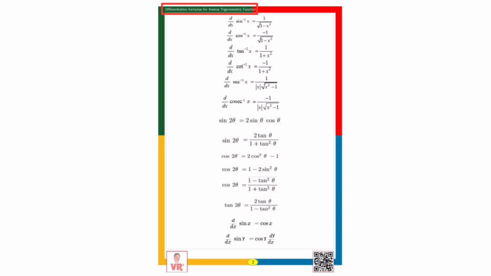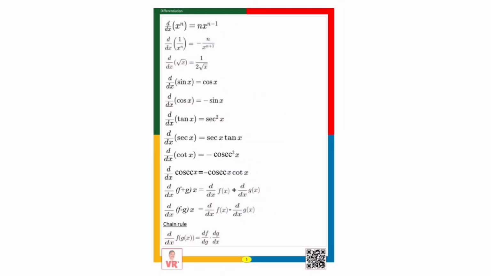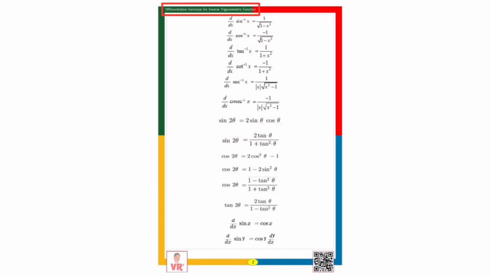Differentiation formulae for inverse trigonometric functions. In the earlier page, we have learnt differentiation formulae for trigonometric functions. Here, inverse trigonometric functions: sin inverse, cos inverse, tan inverse.